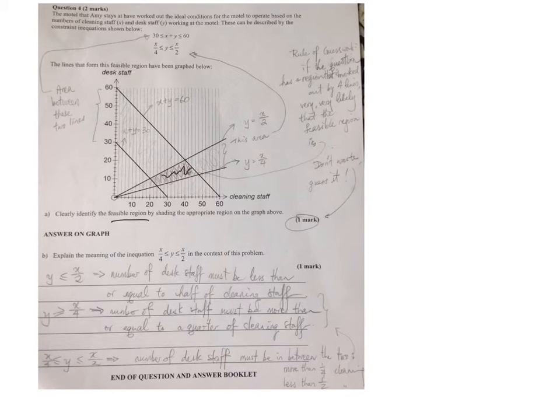Now, part B, explain the meaning of the inequality x over 4 is less than or equal to y less than or equal to x over 2. I think before we do that, let's have a look at how I know that this particular line is y plus x equals 30, and the next one is x plus y equals 60. They came from this particular equation given to you.